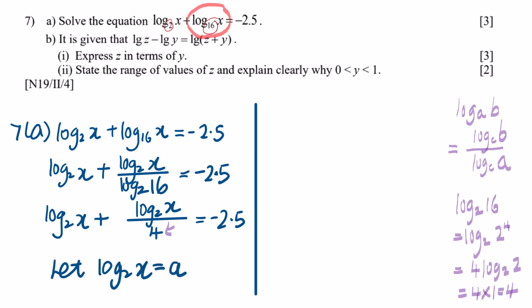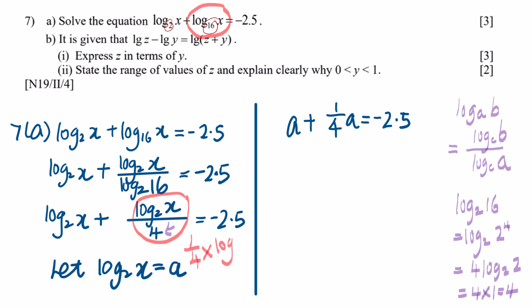And the next step is I'm going to use substitution. Substitution is a very wonderful technique that can be applied to solve many problem sums. So I'm going to replace log x base 2 with letter A, and this one here can be written as 1/4 times log base 2 of x over 1.